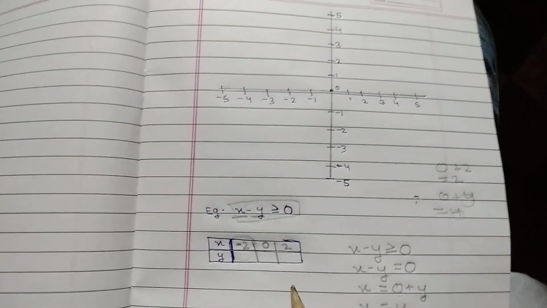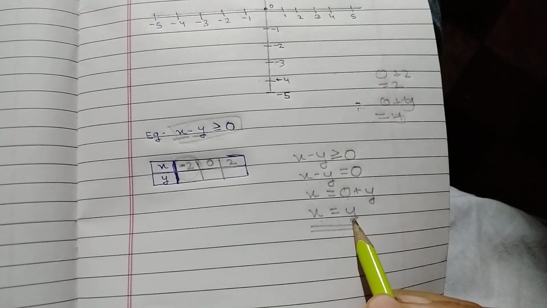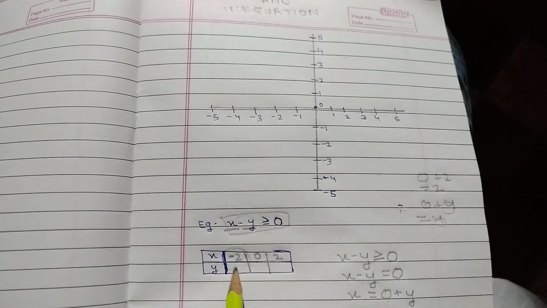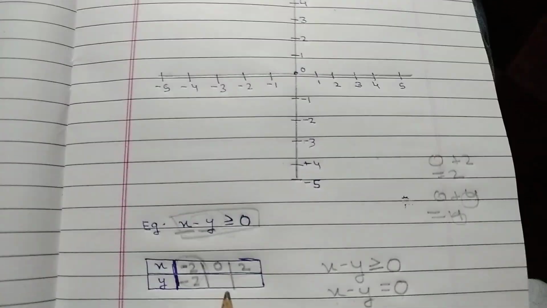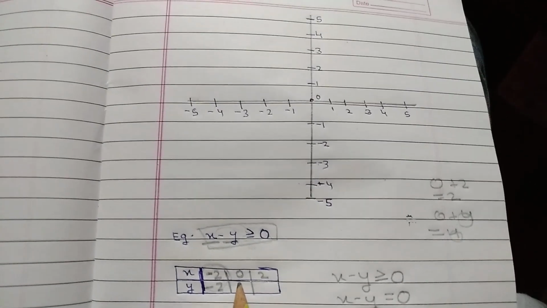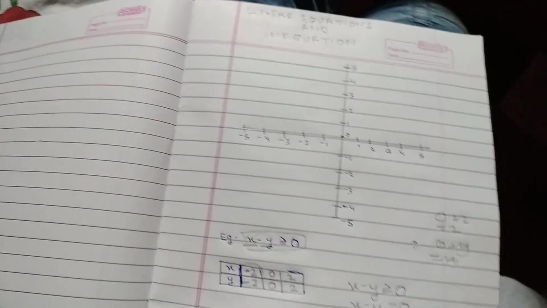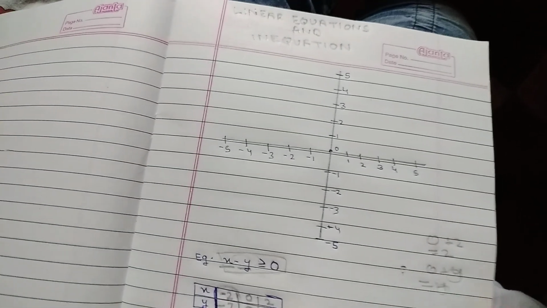If the value of x is minus 2, then we have the equation x equals y. Then what will be the value of y? Obviously, it will be minus 2. And in the next case also it will be 0, and the same for the third. So for plotting, we will first see minus 2, minus 2.